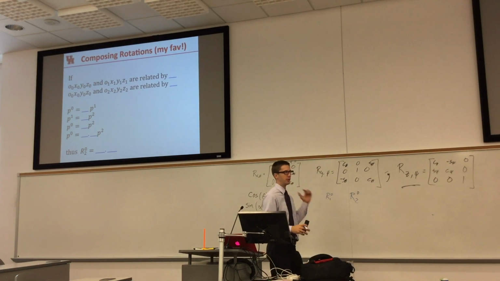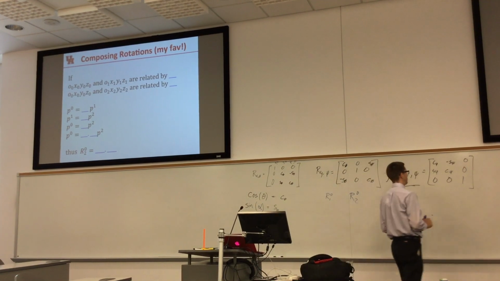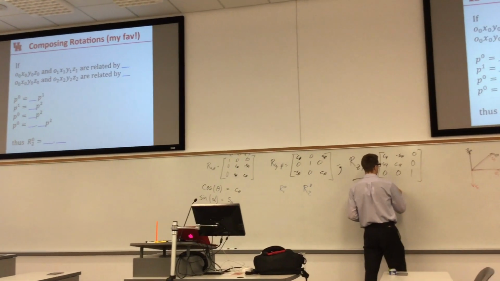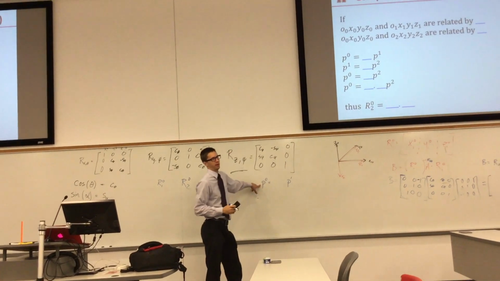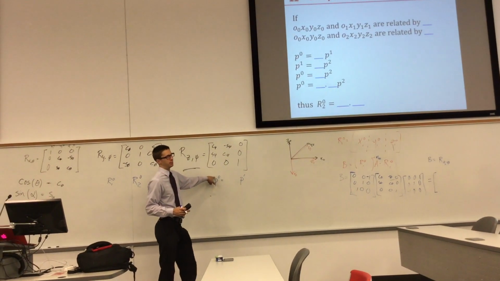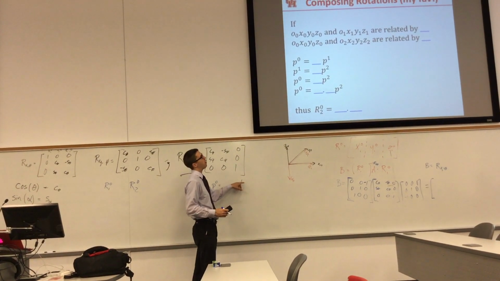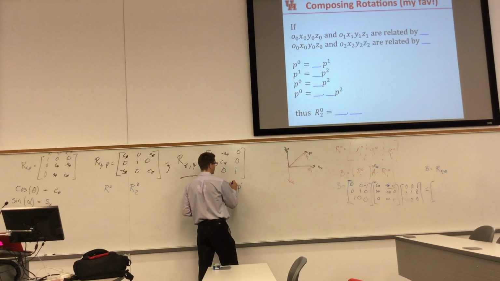This rotation matrix tells me how do I jump between these 2. Well, if I've got P0, that's just equal to P. Remember, P is this point that actually exists. P0 is, what are its coordinates in frame 0? P1 is its coordinates in frame 1. Well, these things are related by R1,0.